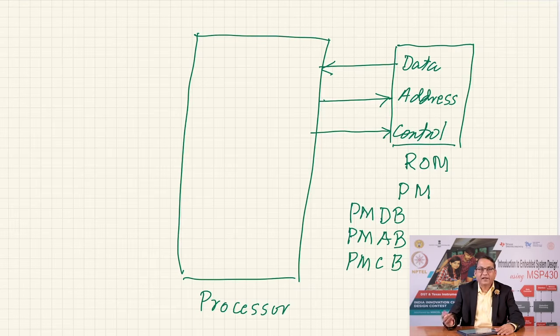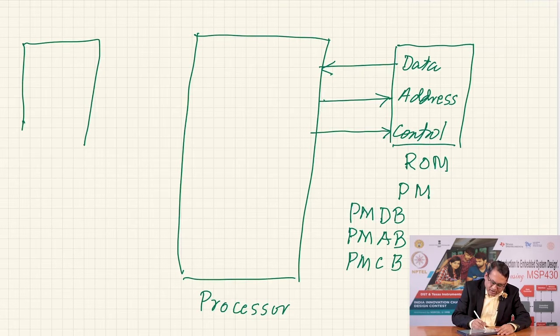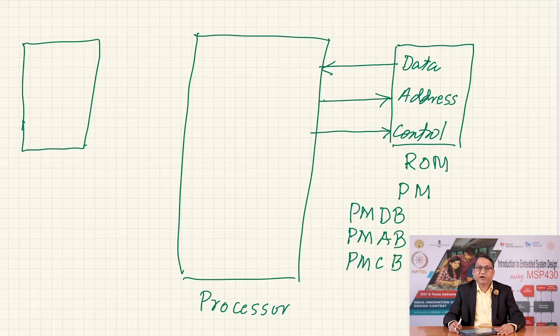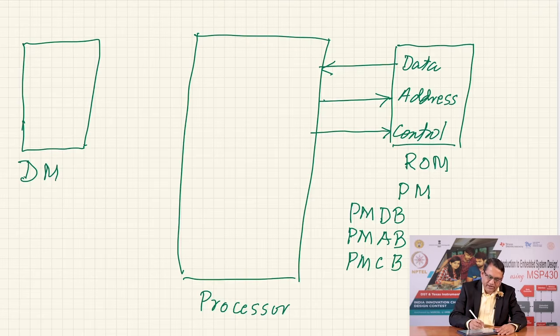You want parallelism in the activities that this processor does. So, you have one more set of address map which allows you to connect to a data memory. Now data memory could be RAM. Most often it is RAM, but it could also be ROM because you want to read some constants and so on. So this is, I'll refer to it as data memory.